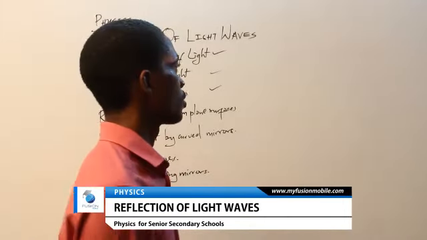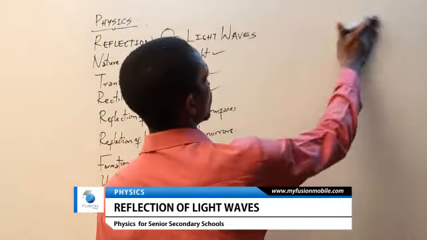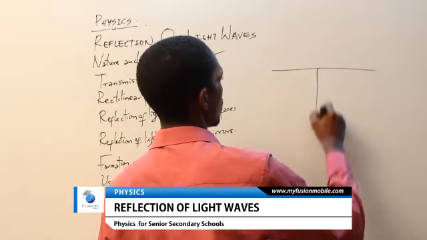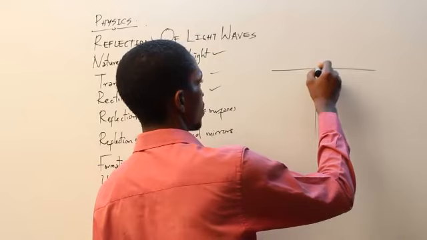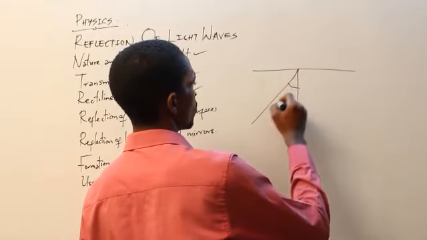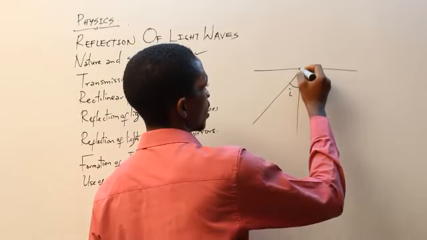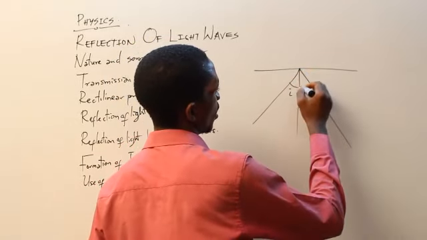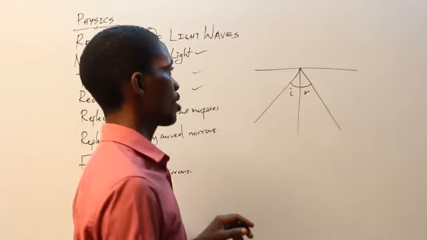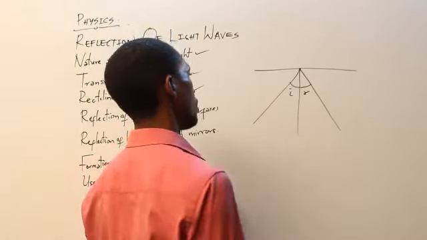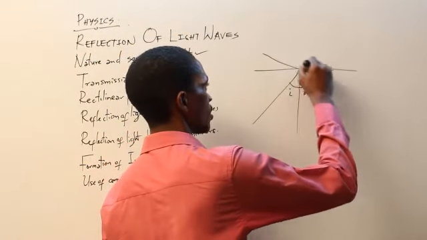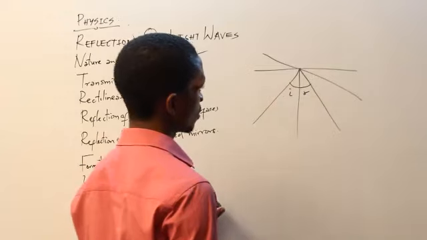Originally the mirror stays like this, and I have my incident ray, my angle of incidence, and my R as well, and then I decide to tilt the mirror to something like this.